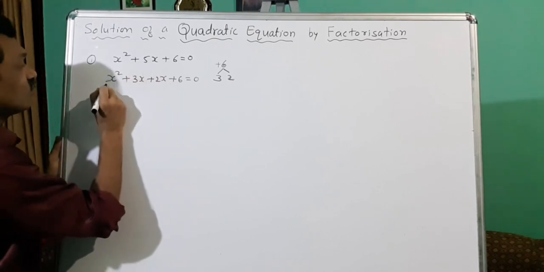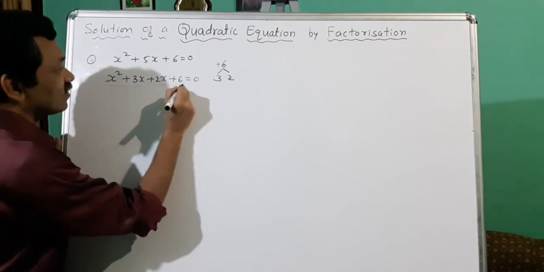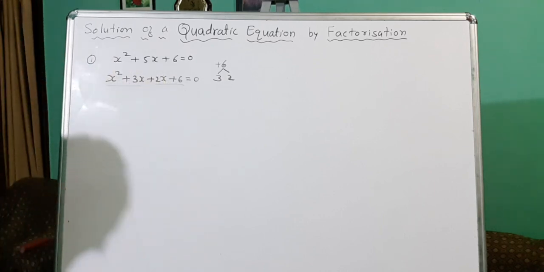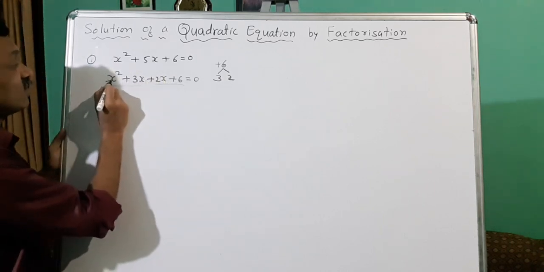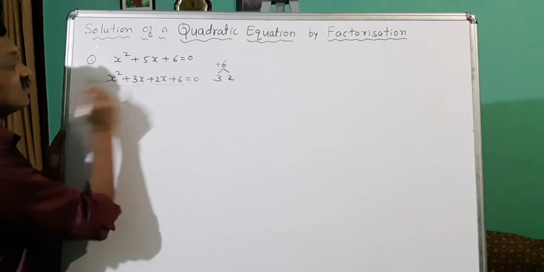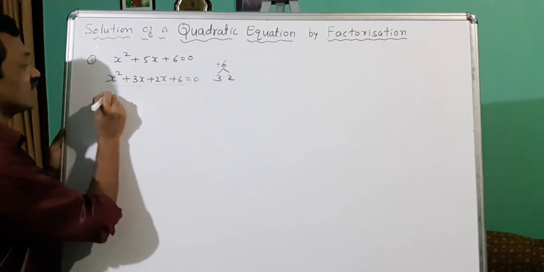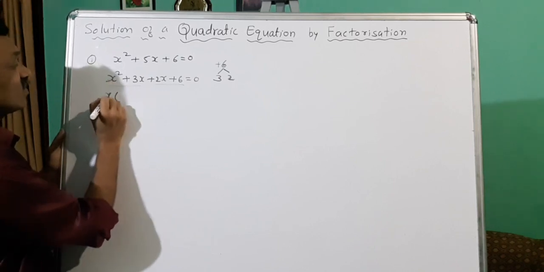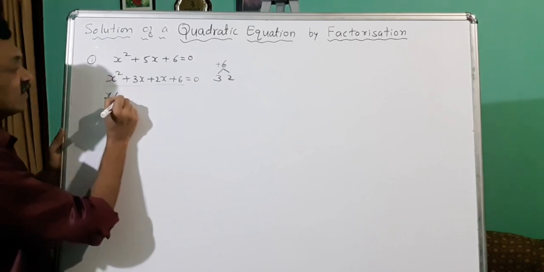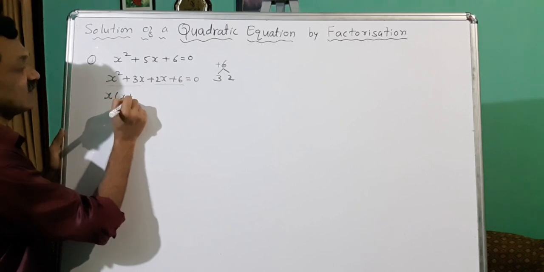Now make the groups. Make this one group and this another group, and try to find out what is common. Here in x square and 3x we have x common, so take x as common. Out of x square, when I take x out, what remains is x, plus sign as it is.